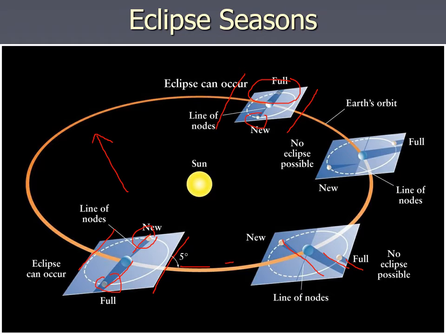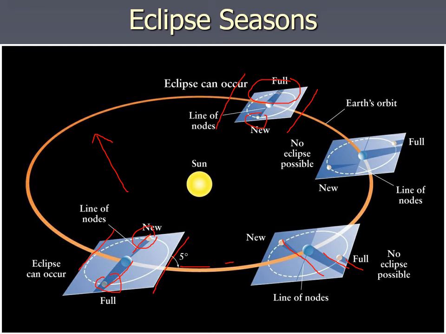Now, the orbit precesses a little bit, and it precesses a lot more quickly than the rotation does. And so that means that these periods of time when they line up are not exactly 6 months apart. They're a little bit less than 6 months apart.